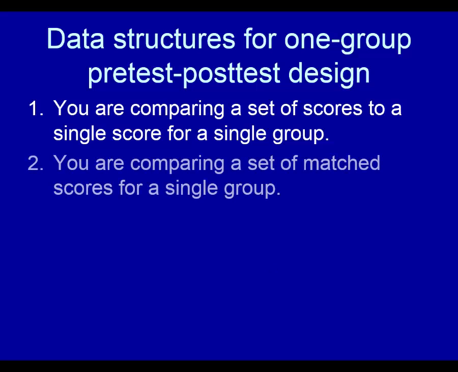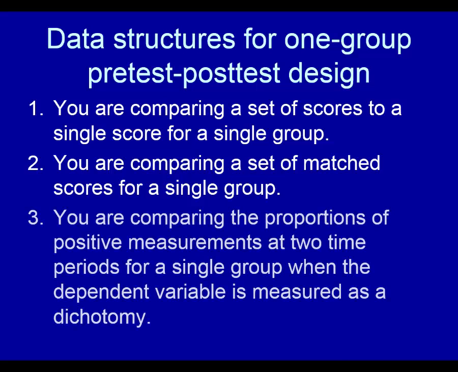That's this particular situation. Number two, you're comparing a set of matched scores for a single group. If you can match each person's pretest score with his or her post-test score, that's one situation where the system will work for you.